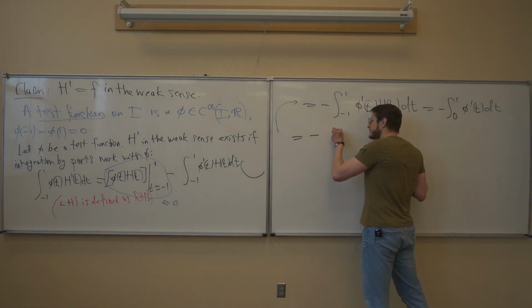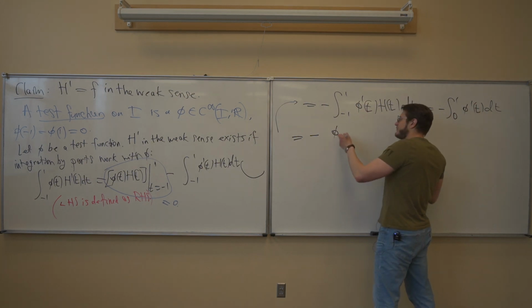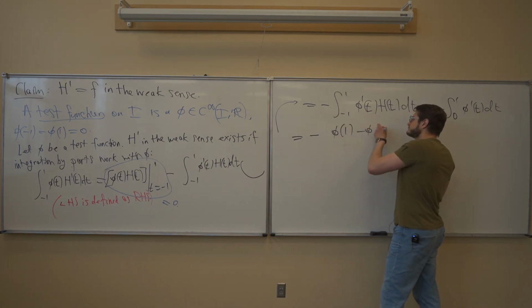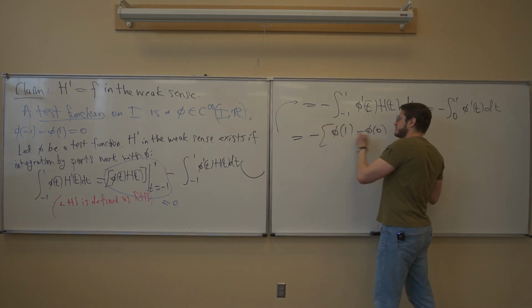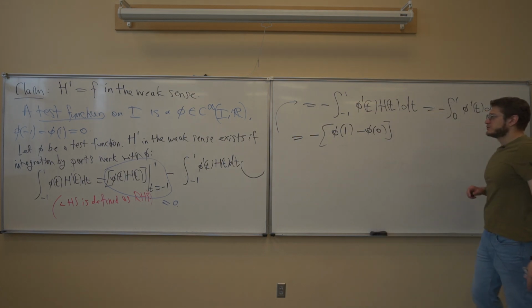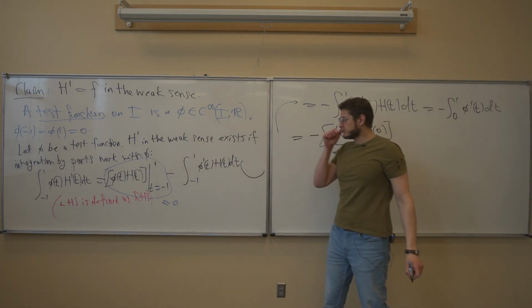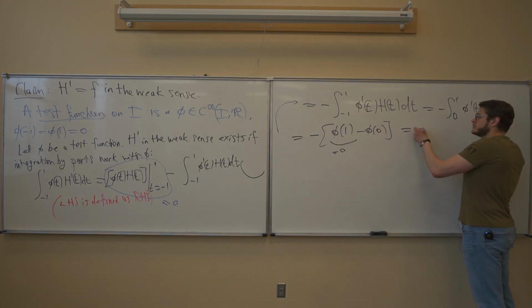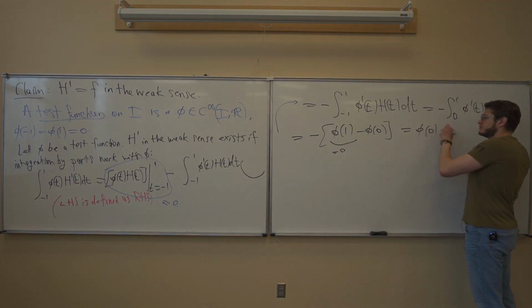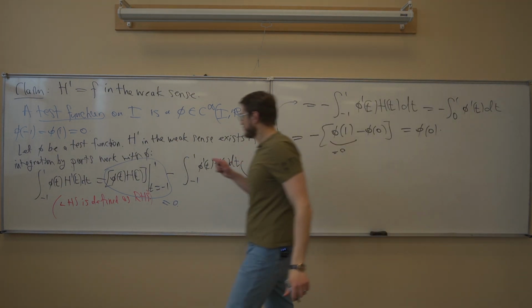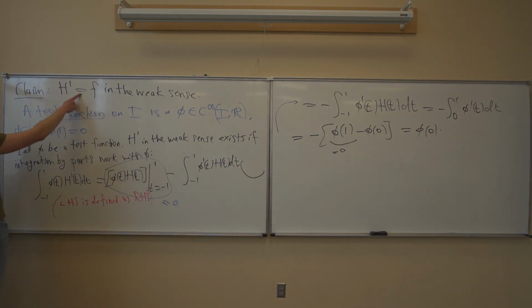Right. So you have a minus, and then you evaluate this at the endpoints by the first fundamental theorem. But then I assumed that phi of 1 is 0. Vanishing boundary conditions. So this is just phi of 0. Okay, this is the proof of something that I was going to do. This is not the proof of this. It should have been the other way around.